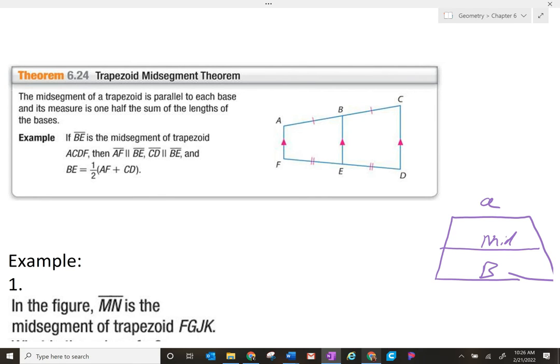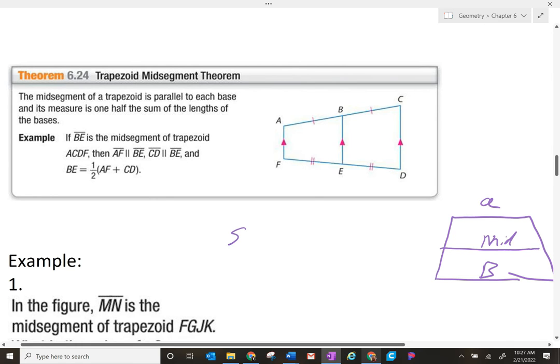Because it's going to be that trapezoid, really what I'm doing is I'm finding the average of that middle section. So I have the top one, I have the bottom one, and I divide it by 2 to get the midsection. That's what this formula is saying without trying to get all those extra letters and line segments.